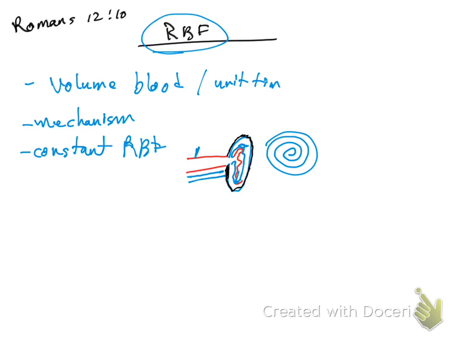Now the mechanism, we are explaining right now how that happens. Also, this renal blood flow we can calculate. How can we calculate the renal blood flow? I'm going to write down the formula here.